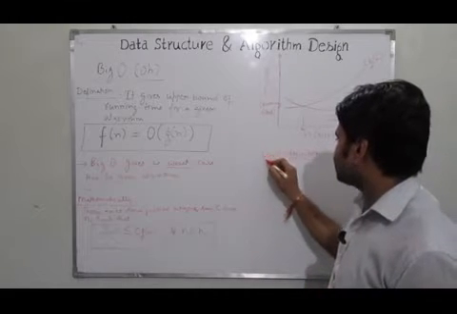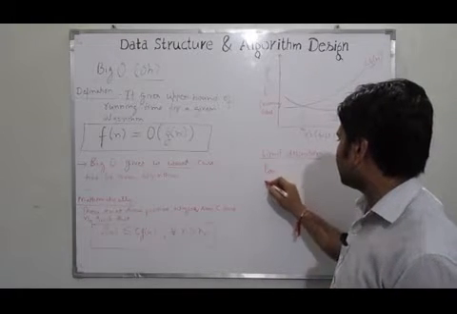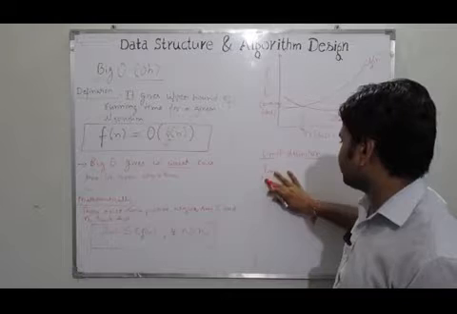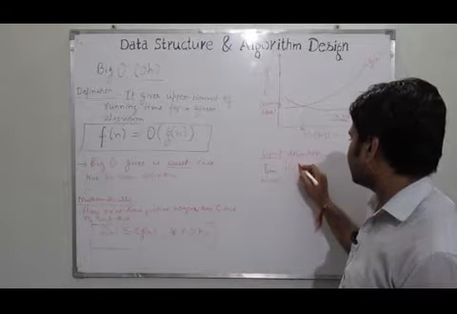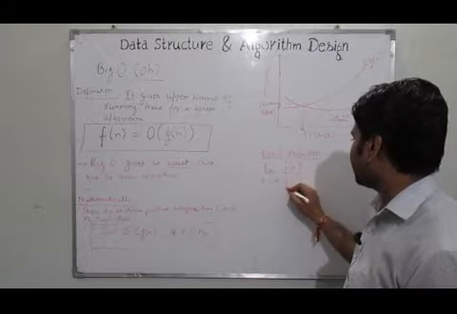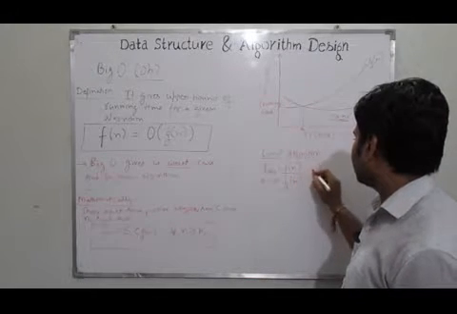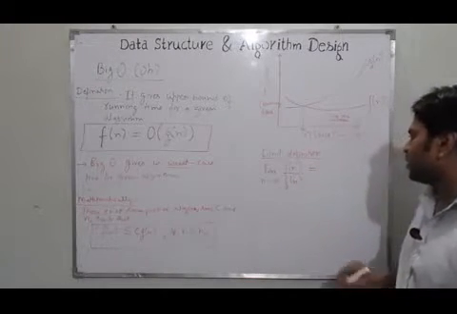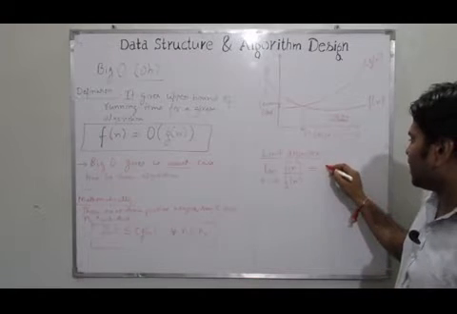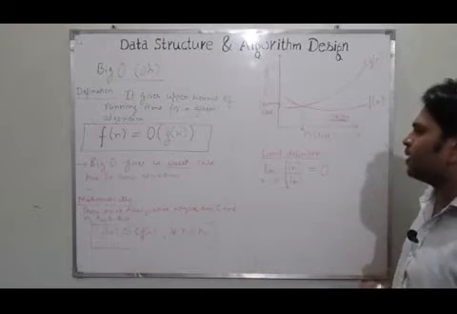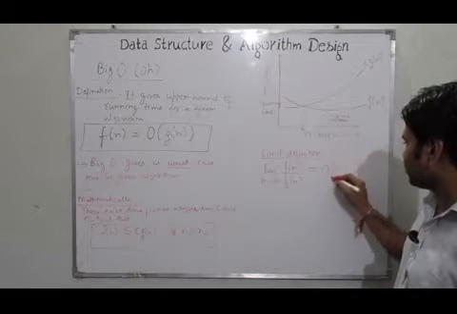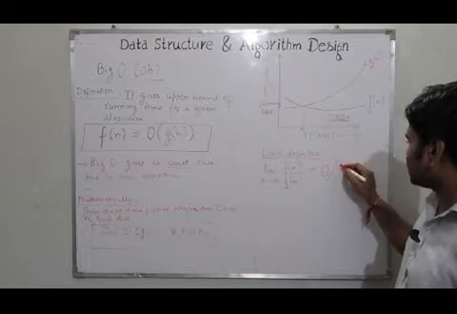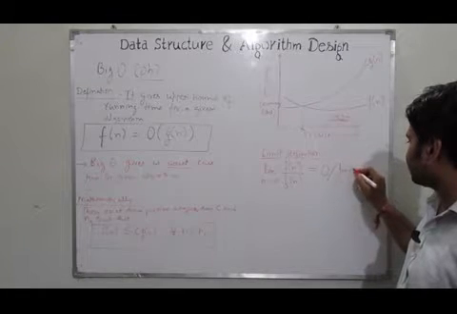And the limit definition says that as n tends to infinity, if we express the two running times in this fashion, then the value that we are going to obtain for big O asymptotic notation would be either 0 or some finite value.